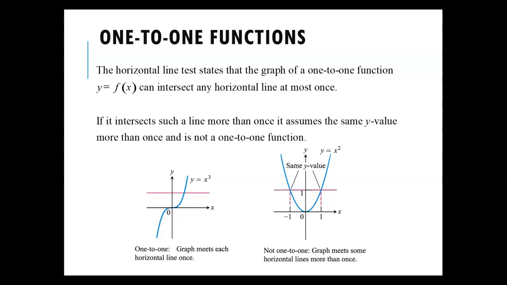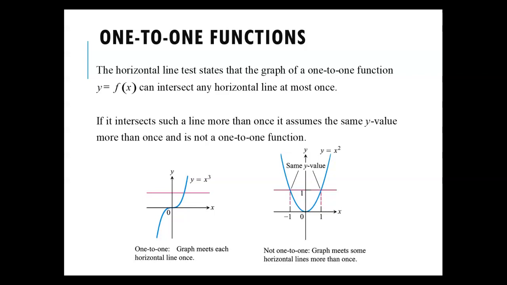Now you can find inverses of non-one-to-one functions, and what we have to do is restrict their domains. So for example, sine and cosine obviously have inverses. They have arcsine and arccosine. But if you remember, on that first week of school, I taught you that arcsine and arccosine only lived in certain quadrants.